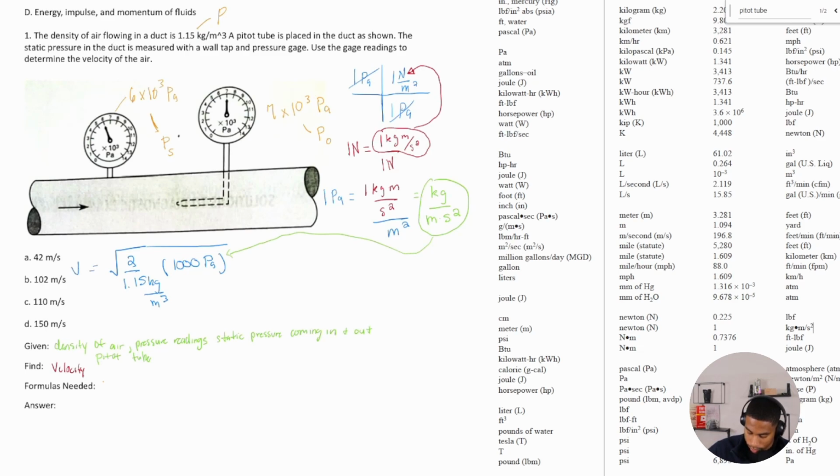And this is all for velocity, right? So velocity is equal to square root of 2 over 1.15 kilogram per meter cubed times 1,000. Instead of Pa, we're going to put kg over m times s squared.